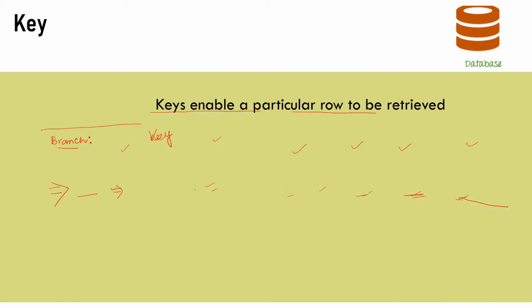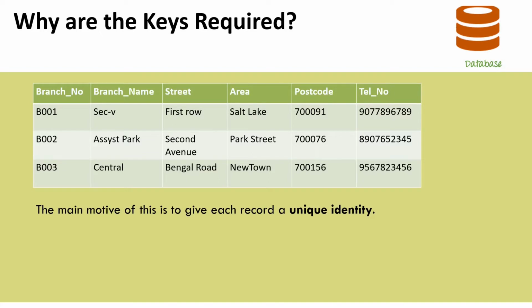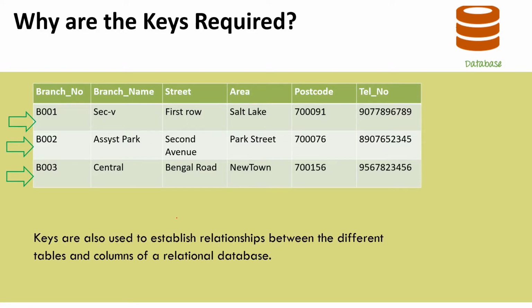Now, why are the keys required? As you have understood, the main motive of DBMS keys is to give each record a unique identity, isn't it? You can uniquely identify a row. And definitely, keys are also used to establish relationship between different tables and columns of a relational database.